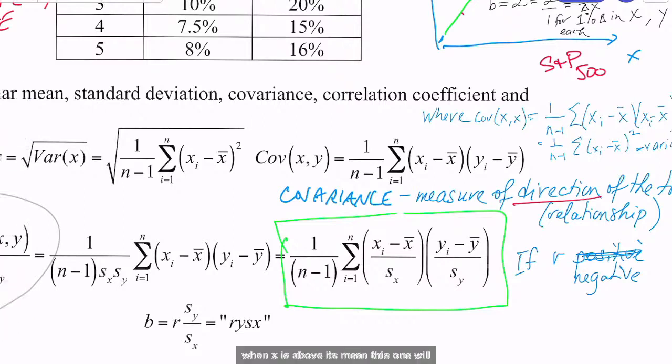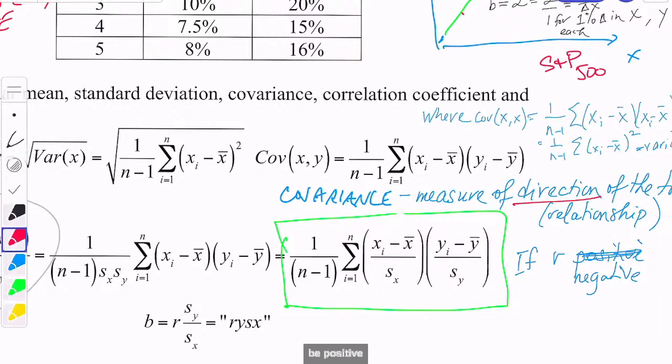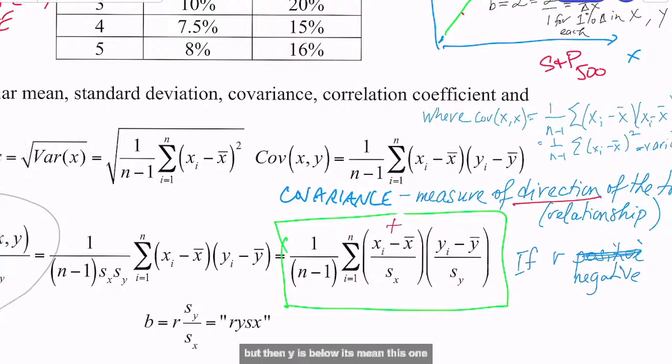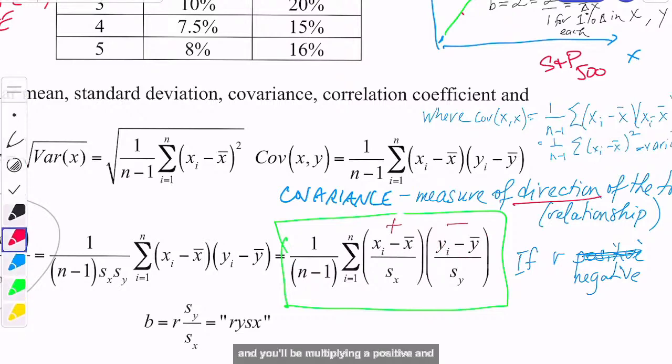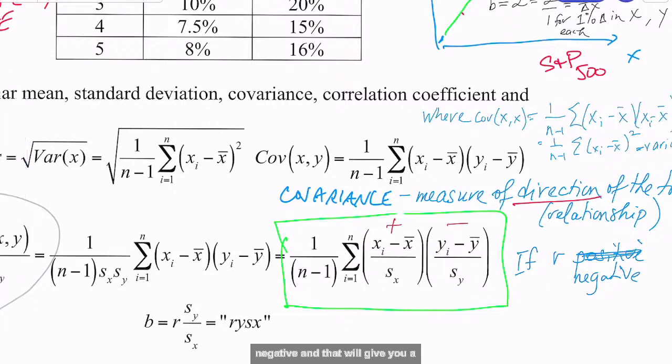When X is above its mean, this one will be positive. But then Y is below its mean, this one will be negative, because this will be smaller than this to be below. And you'll be multiplying a positive and negative, and that will give you a negative. And if that happens also in the reverse, that will add to the negatives. Okay, so this is a way of illustrating the relationship.